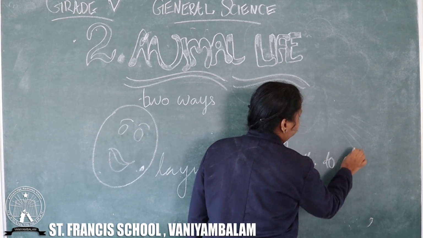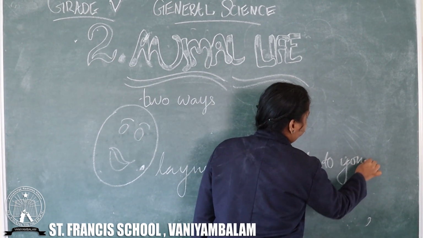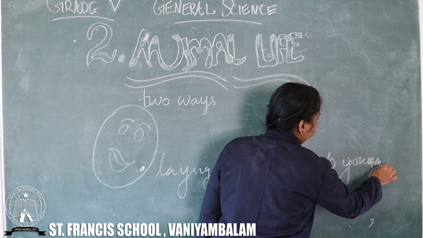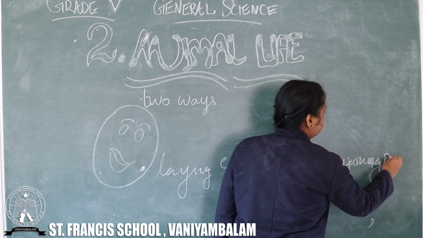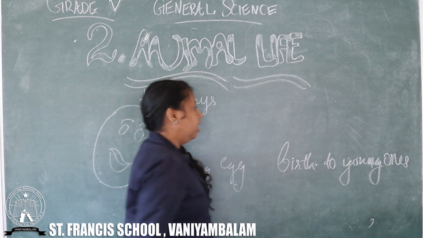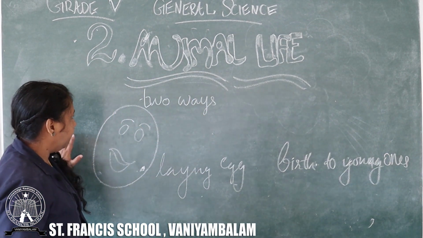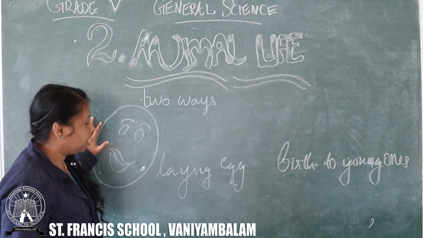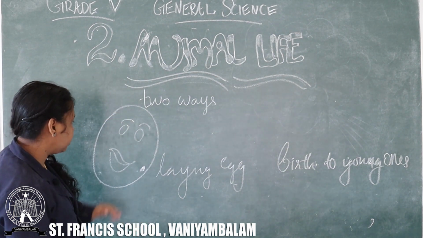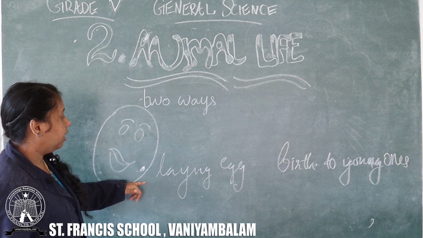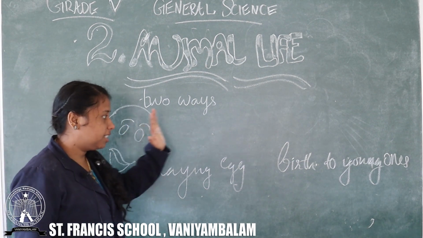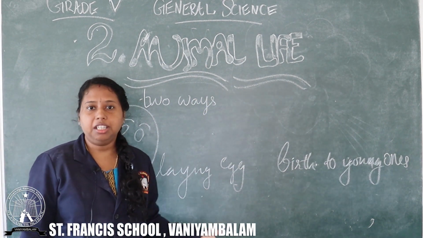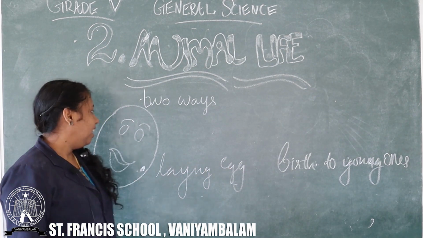So, animal reproduction is by two ways. First one is laying eggs, and next one is giving birth directly to their babies.